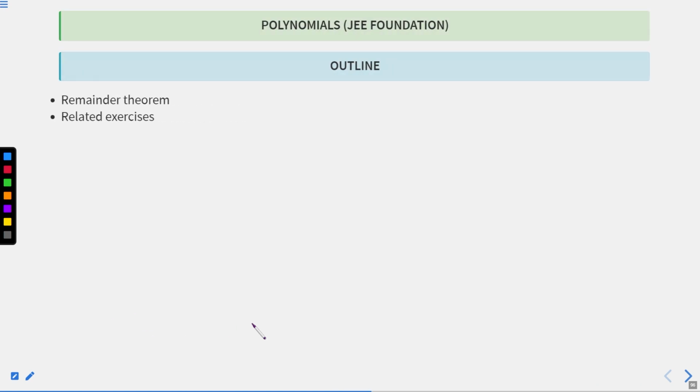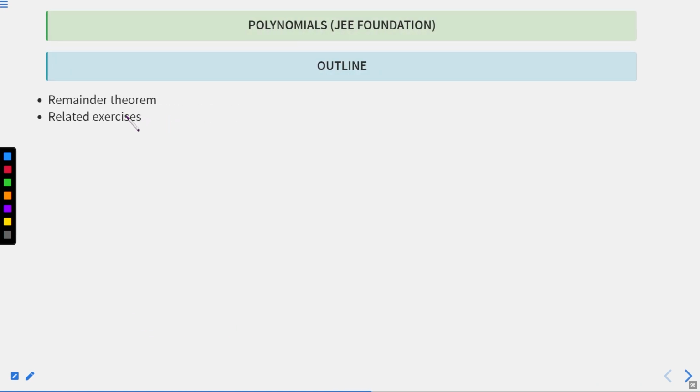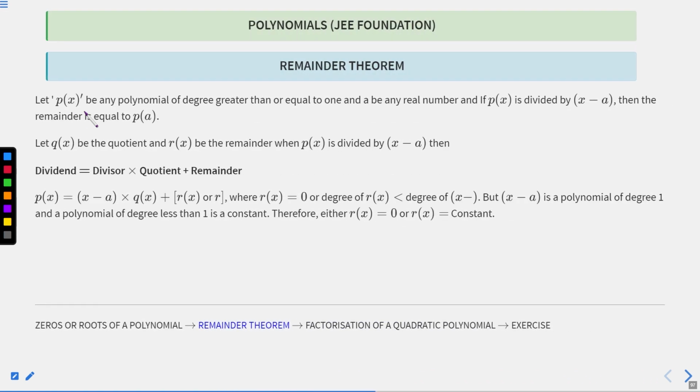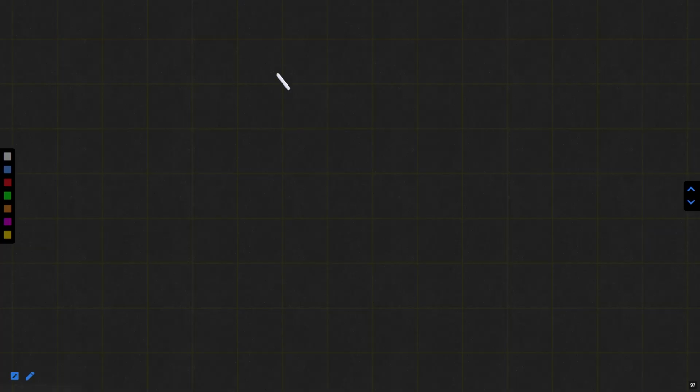So now we will see the next concept, the remainder theorem and its related exercises. Okay, so see here, remainder theorem. If you recall the long division method, what did you do in the long division method?